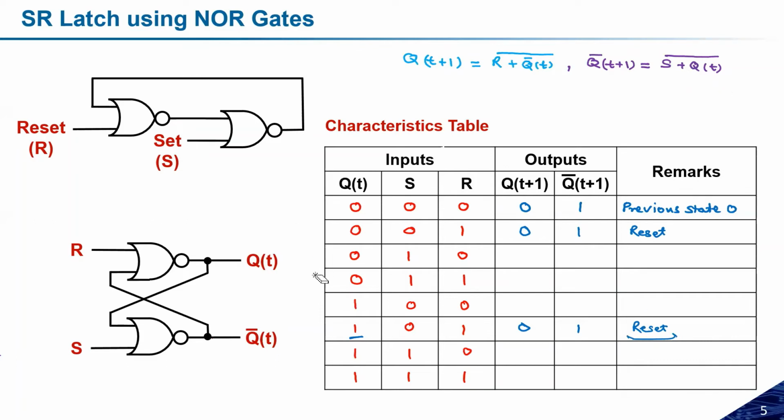Okay, so let us first consider the third case. If Qt is equal to 0 and set is equal to 1 and reset is equal to 0, then what will be the output Qt plus 1? 0.